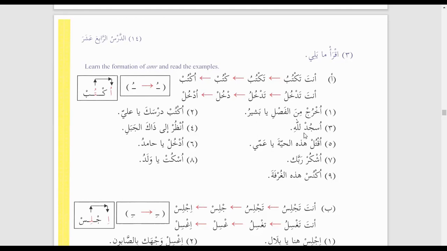Okay, now why is it usjud lillahi? Why not usjudillah? Do you have any idea? Because after sajada yasjudu, the preposition that is used is the preposition of lam.